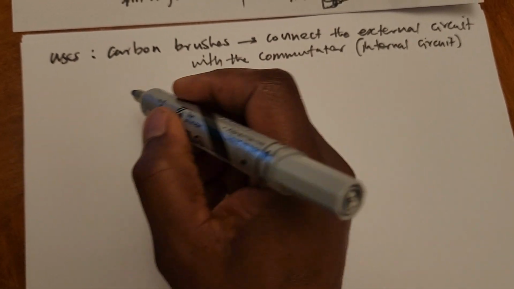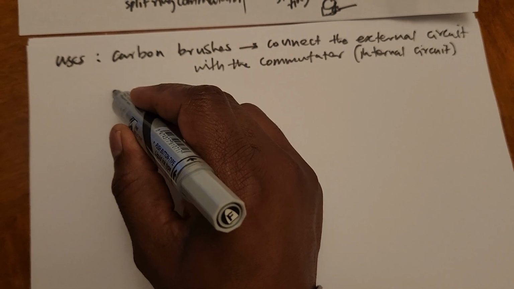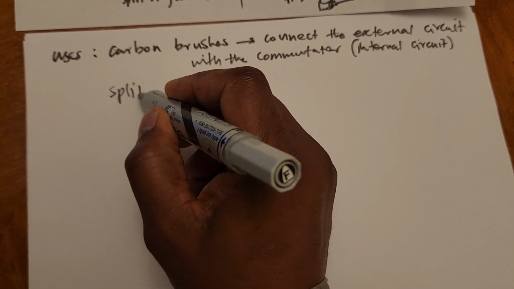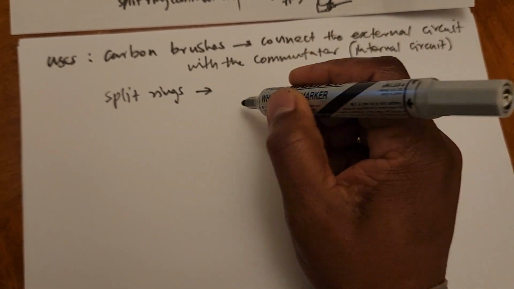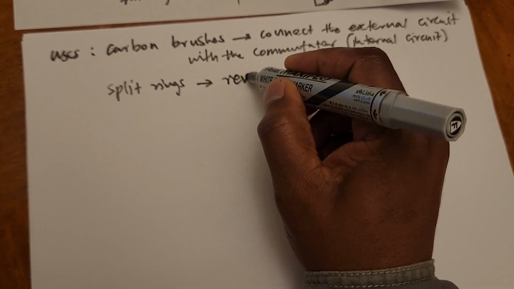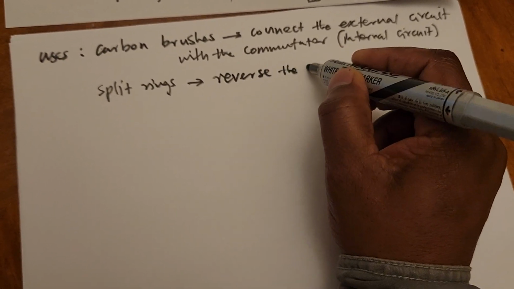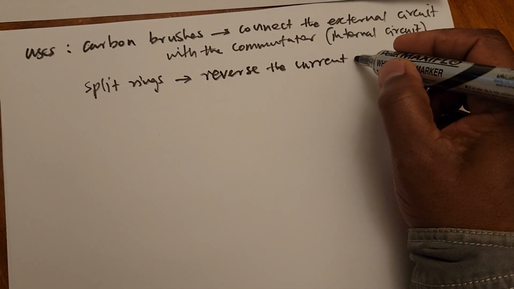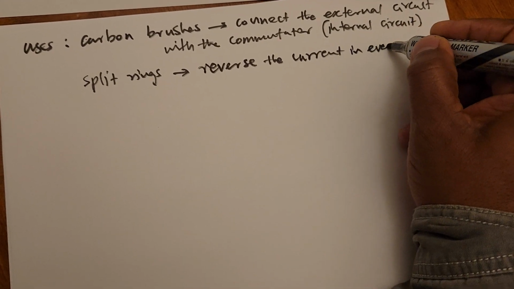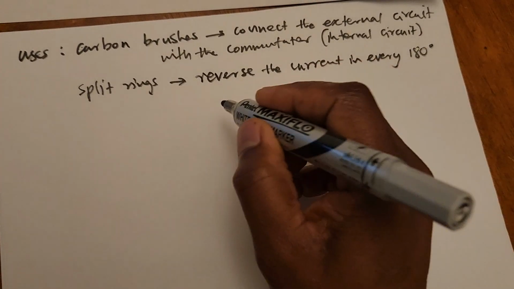Whereas the split rings, main use here is to reverse the current in every 180 degrees or semicircle.